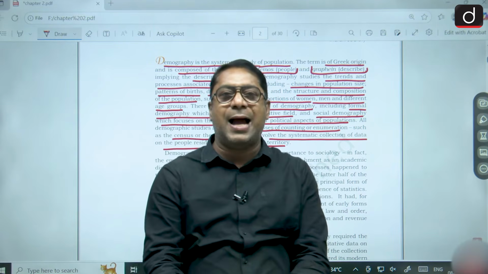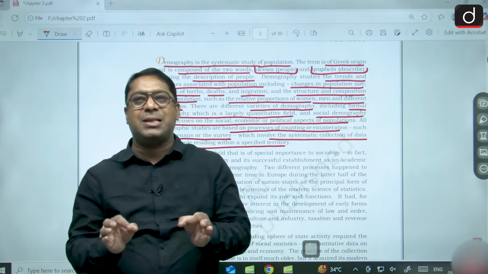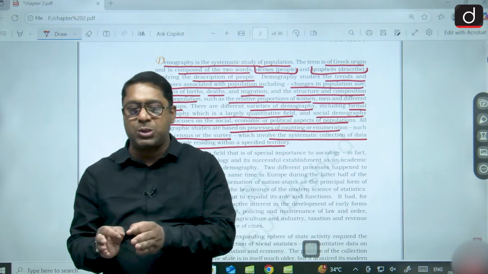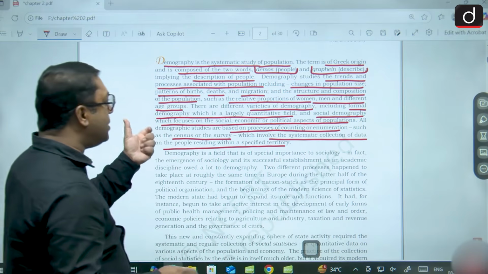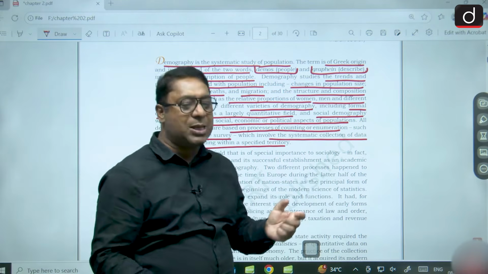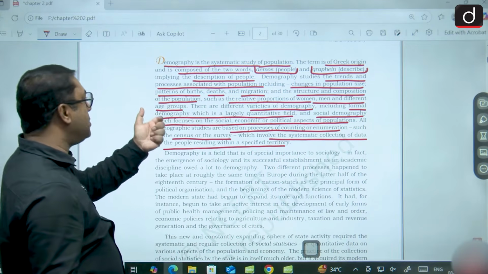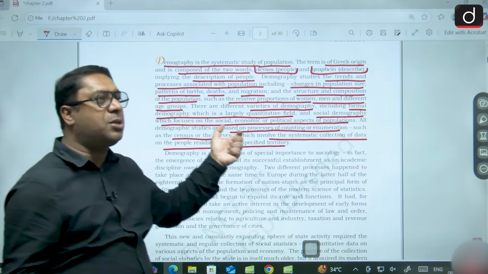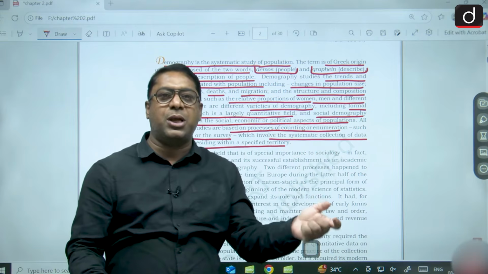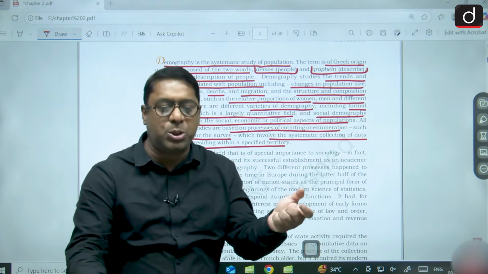Number two is that demography is the study of population trends and processes. Population trends, in the sense of change in population size. It also studies the patterns of birth, deaths, and migration, and also the structure and the composition of the population.